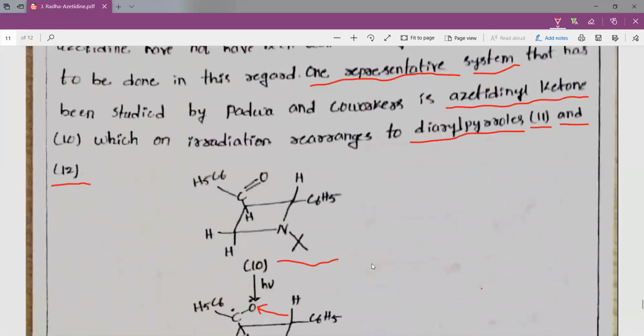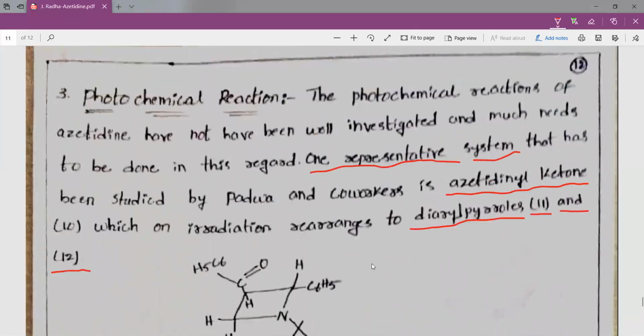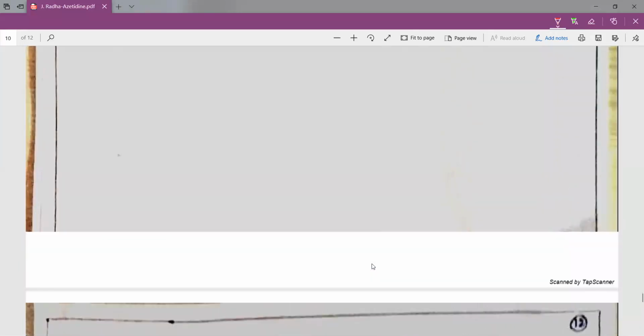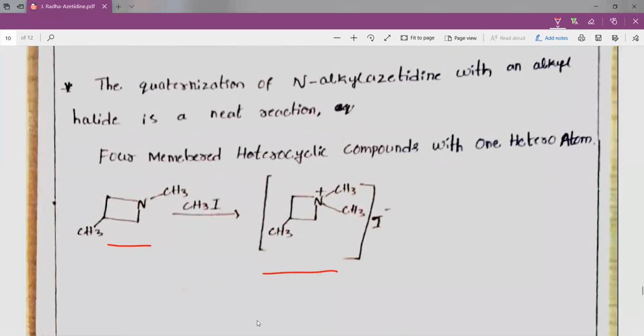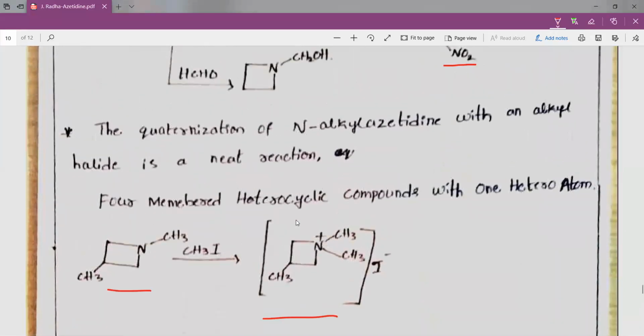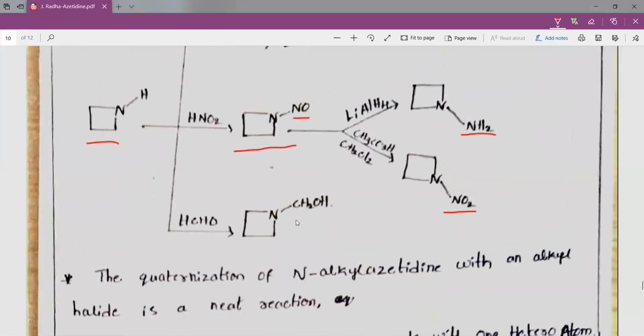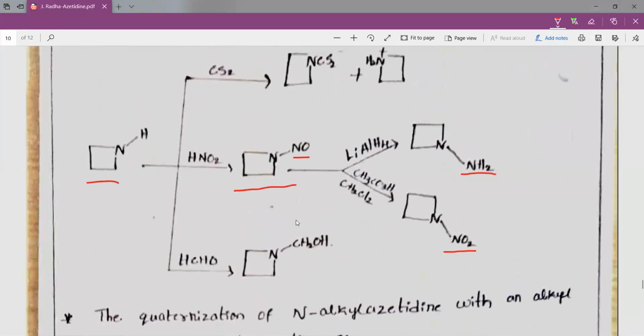So the other reactions are, before this we have seen the quaternization reaction. Next, azetidine involved in reactions with CS2, formation of salt, nitrosation and formation of N-methyl hydroxyazetidine.